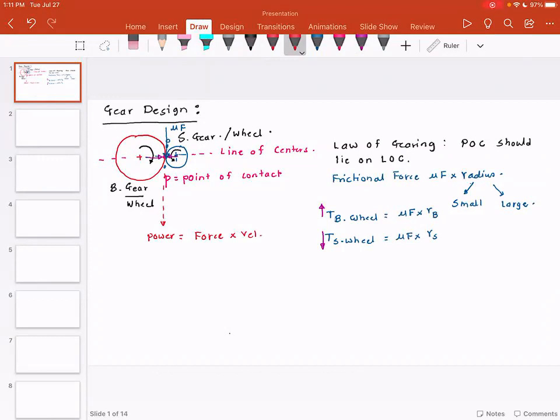So if I have a frictional force mu F multiplied by the velocity of P, that is nothing but the power at the point of contact. So this is very important. This is power at the point of contact.